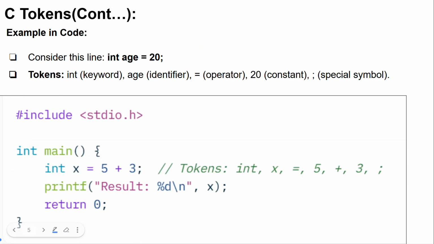Okay, so you can see here a small example to understand the C token. So I will write int age = 20. Here you can see clearly, int is a keyword, age is an identifier, equal is an operator, 20 is a constant, and semicolon is a special symbol.